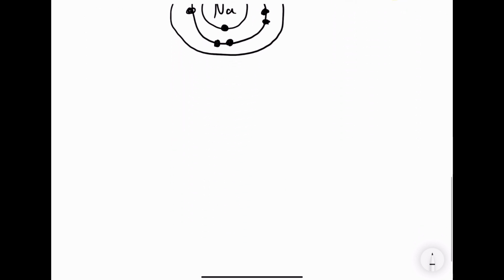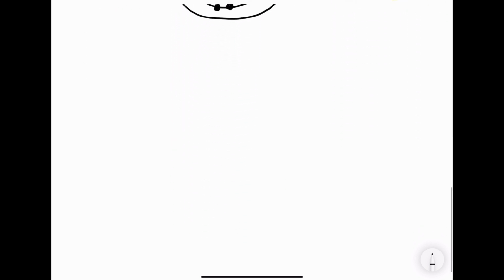Now let's do one more example. The biggest atom that you would be asked to draw up to a GCSE level would be number 20 in the periodic table, which is calcium. So you would only really be expected to draw atoms up to the 20th element, which is calcium. So calcium has 20 electrons.